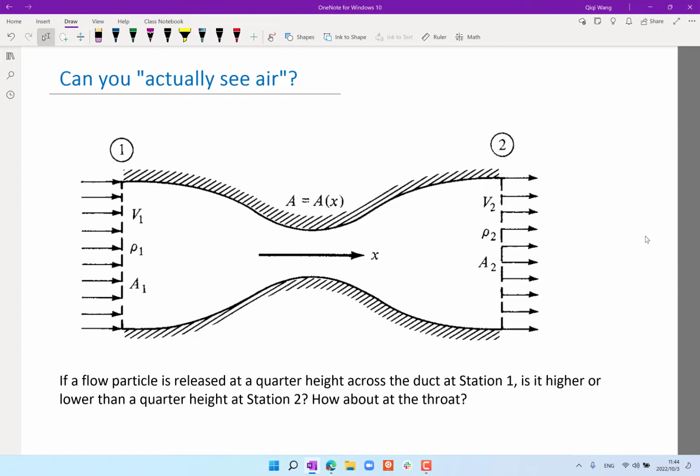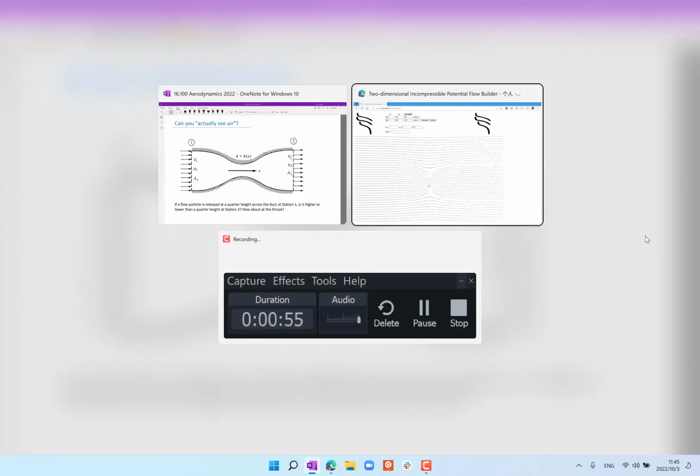All right. Now, assuming there is no boundary layer, perfectly potential flow, is the particle above or below a quarter height? Let's take a look.